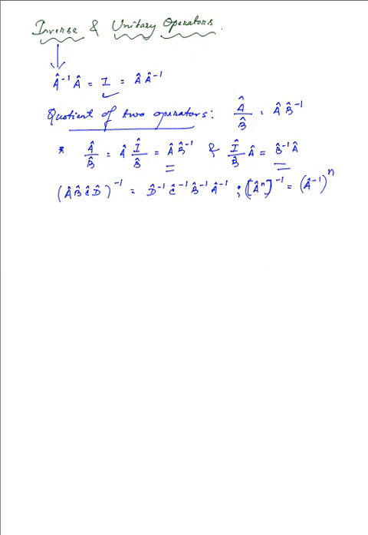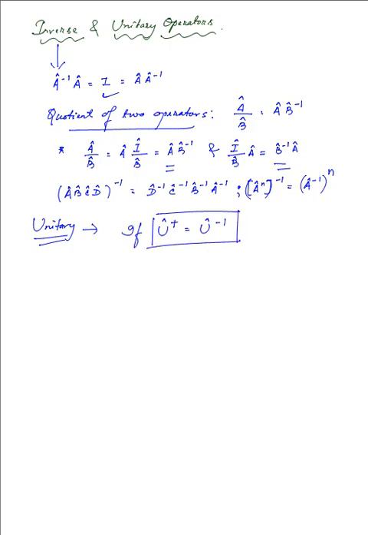Now what about the case of the unitary operator? Now remember, unitary and unit are not the same, of course. A unitary operator is said to be unitary if its inverse is equal to its adjoint. So if we have the unitary operator, the adjoint of it is equal to its inverse, then this is called the unitary operator.